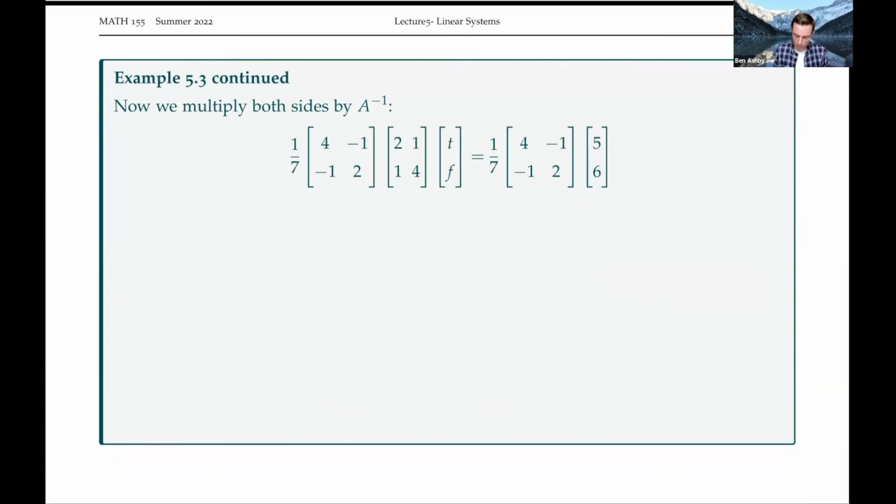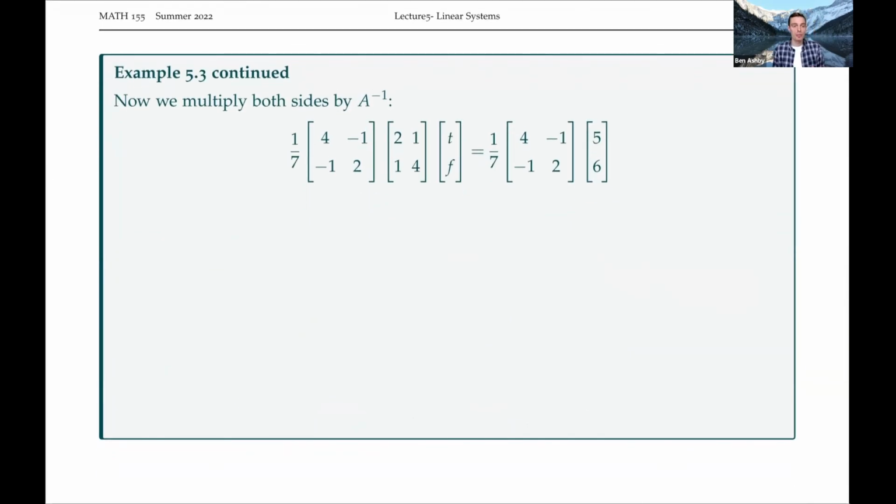So if we multiply on the left-hand side both of the sides of our equations by A to the -1, in other words, we had AX is equal to B to start with, and we're going to multiply this by our inverse of A on the left-hand side. Then we'll have this equation here. So this was our inverse of A here. So this is A to the -1.